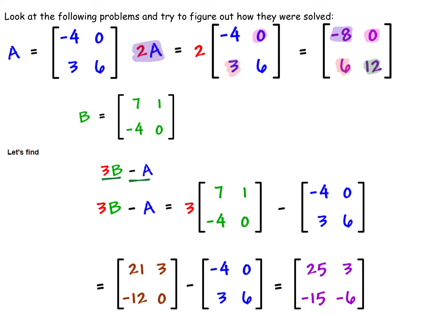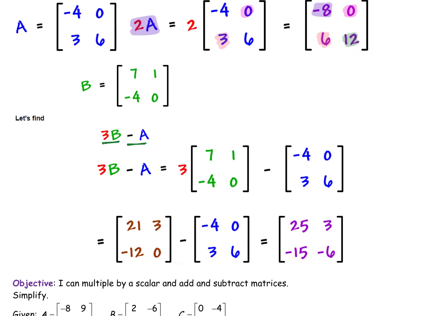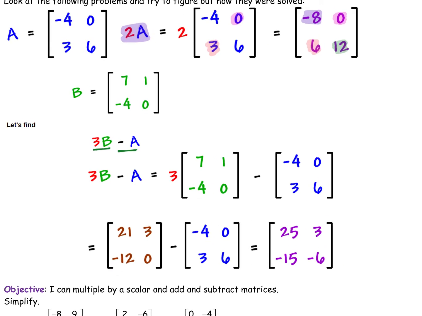So the first thing I want to do is multiply 3 times matrix B. 3 times 7 is 21. 3 times 1 is 3. 3 times -4 is -12. 3 times 0 is 0. And then I'm subtracting matrix A. Here's my matrix A up here. They just rewrote it down here. And I subtract it just like yesterday, and I get my answer here.